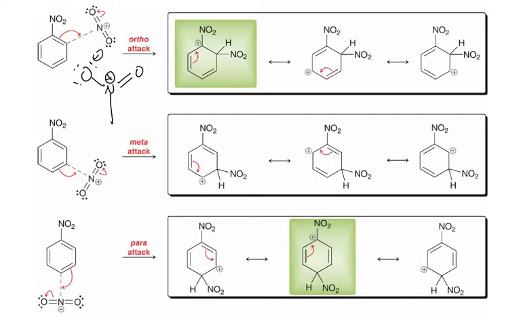And so in these two green highlighted resonance structures, we have the positive charge in the benzene ring adjacent to the positive charge of the nitro group. And so this is a particularly unstable situation. Resonance structures don't like to have two adjacent charges that are the same sign. We don't like having two positive charges next to each other.